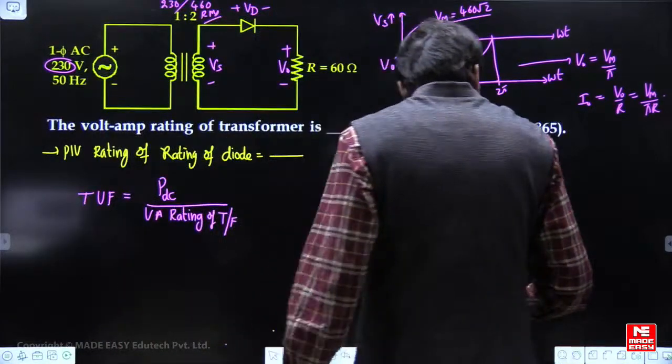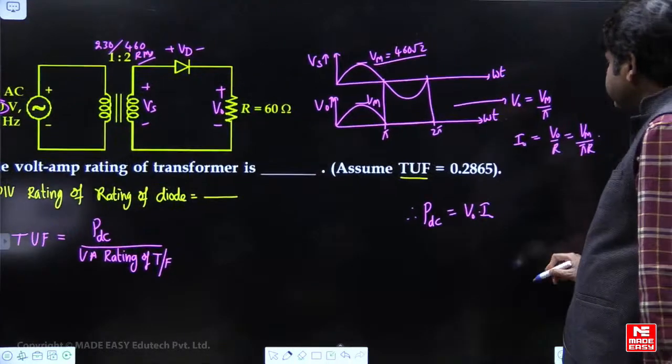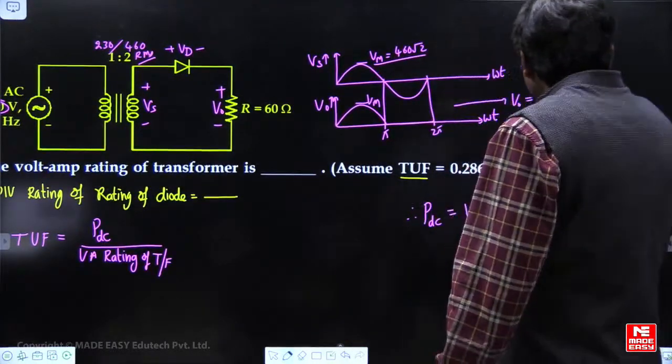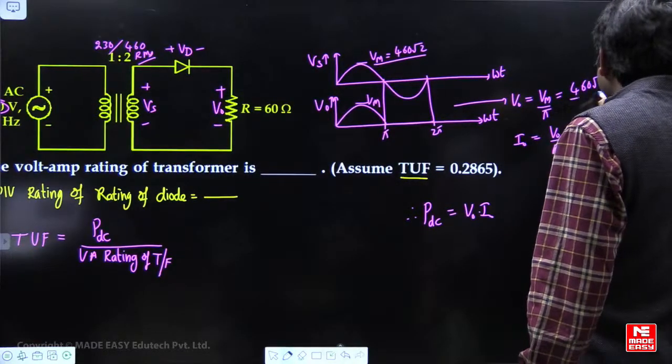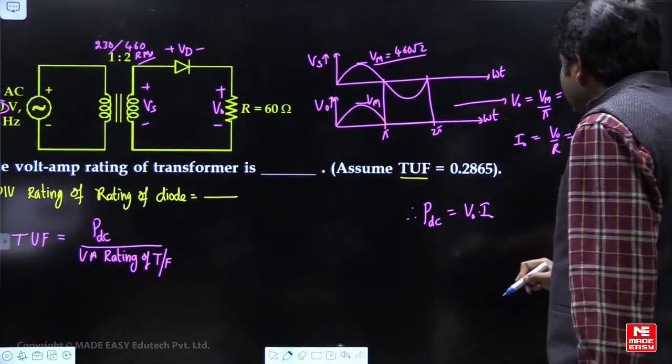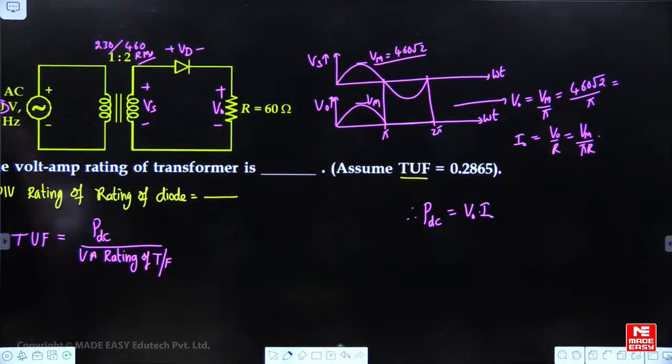What is this value? 460 into root 2 by pi. So what is V0 here? 207.047, right? Please verify this value.